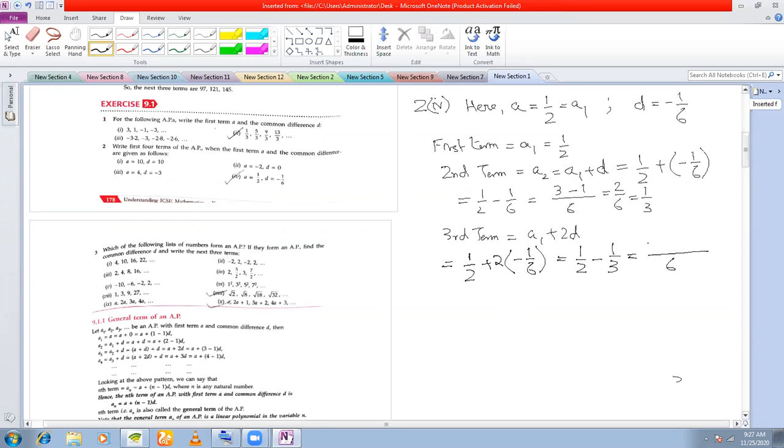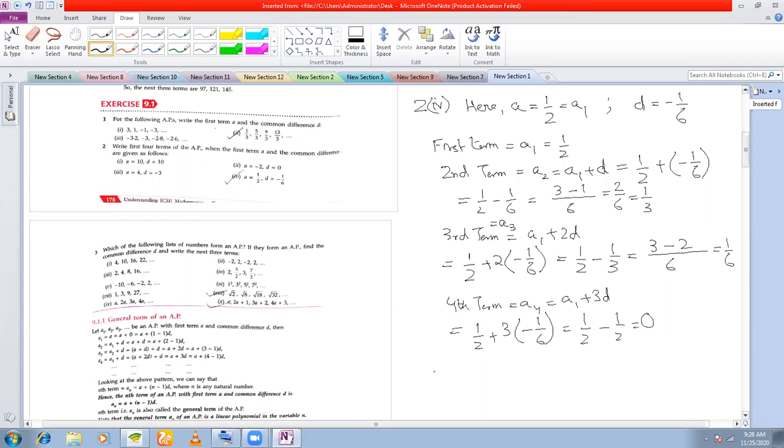Now you take the LCM, 3 minus 2, which is 1 by 6. Fourth term similarly is A1 plus, let's write the third term as A3. The fourth term is A4, A1 plus 3D, which is half plus 3 times D. So half minus half, which is 0. So the fourth term is 0.